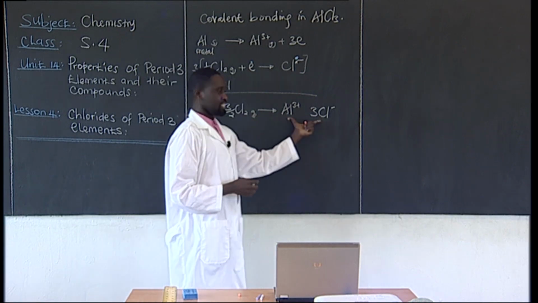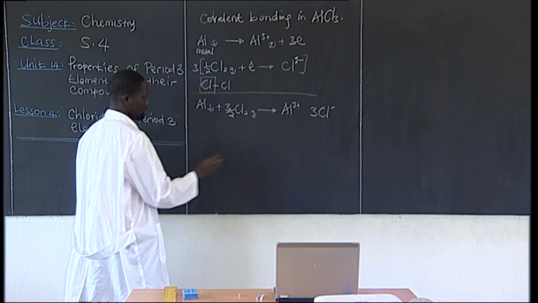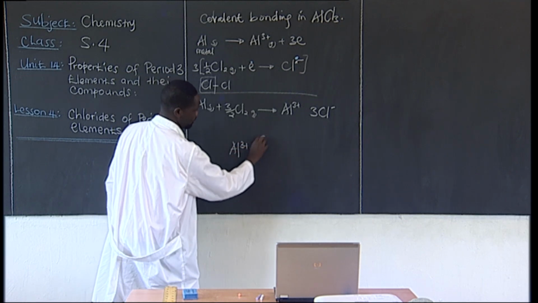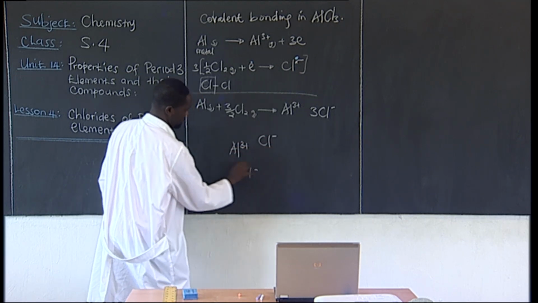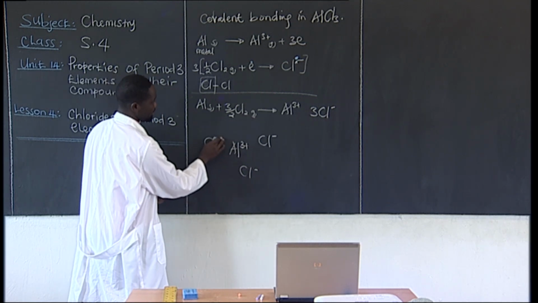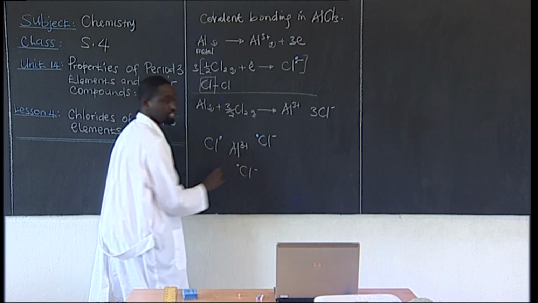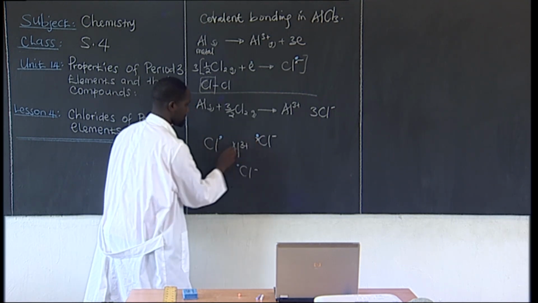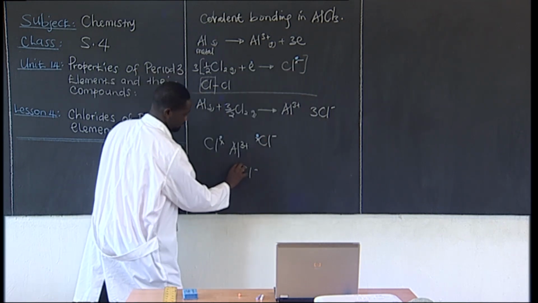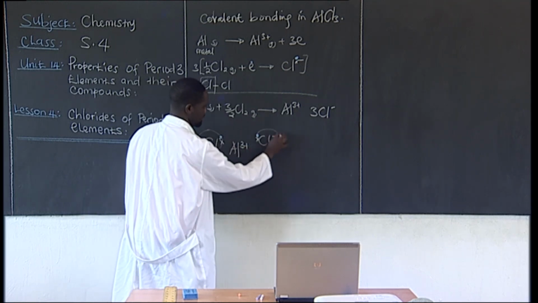Now, this is where the covalent nature comes in. From your ordinary level, you understand aluminum being plus, it is now going to be surrounded by chlorine. Again, using the dot to imply the electron that it has gained, and the X to be the electron that the chlorine already had. So I put this to be the electron density of chlorine.